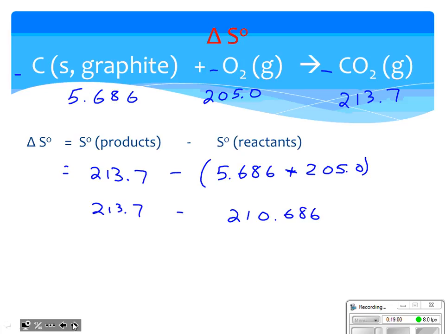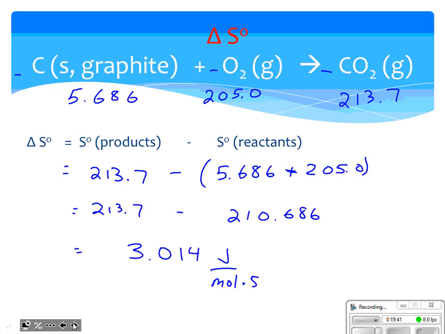So I'm going to take 213.7 and I'm going to subtract 210.868 and I'm going to get a value of 3.014, but my label is in joules. Okay? My label is in joules per mole Kelvin.